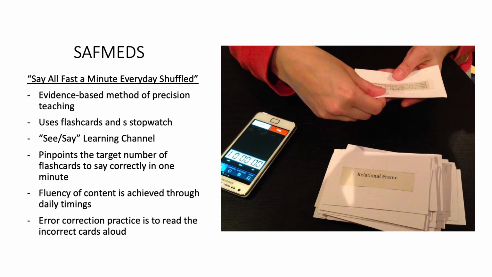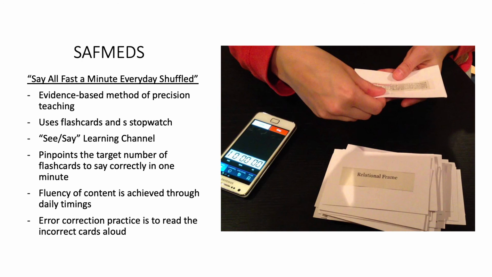In this method, you say all fast, a minute every day shuffled. It's evidence-based, and we've done this before in our class where we did the ABA Olympics. So we'll be using flashcards and a stopwatch, and our learning channel is See-Say. So you're going to see the province and say the capital, or you're going to see the capital and say the province.